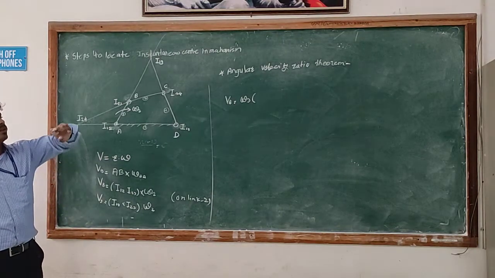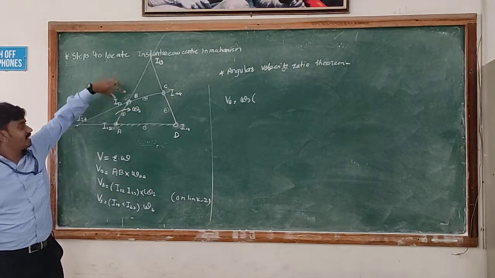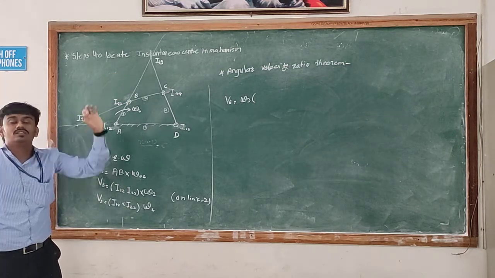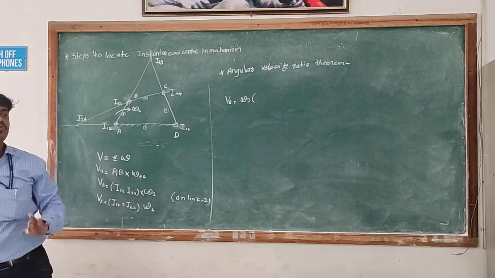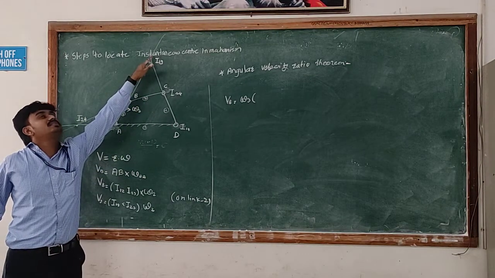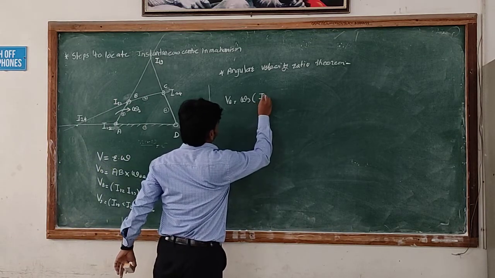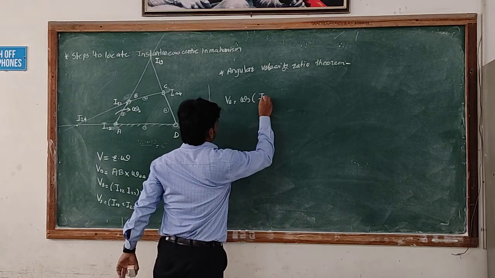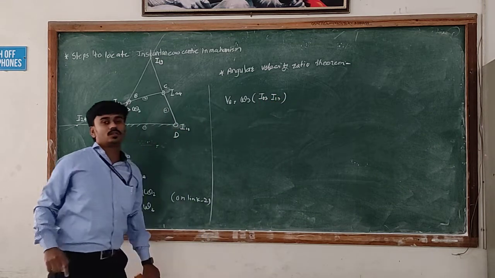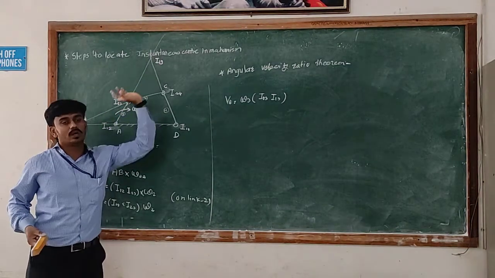What is the common instantaneous center between link 2 and 3? It is I23, and the instantaneous center about which link 3 will rotate is I13. So it is the distance I23 and I13.